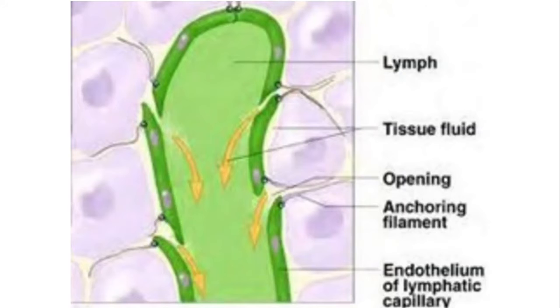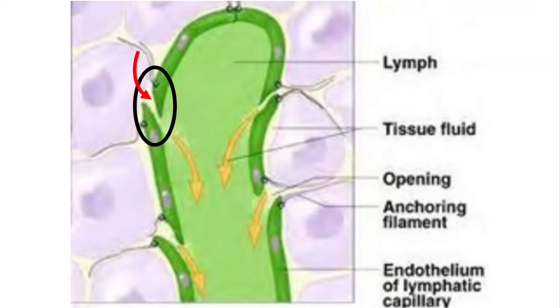This is a closer look at the beginning of the blind-ended lymphatics, where we can see inside this black oval shape the overlapping junctions between endothelial cells, and the large molecules can get in easily while they cannot enter a vein.